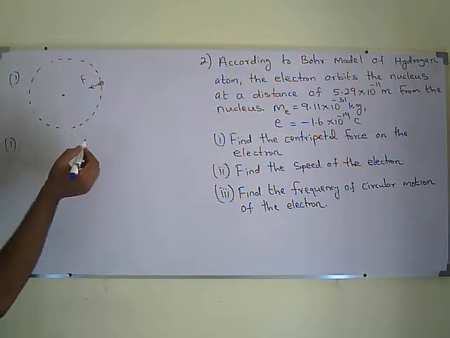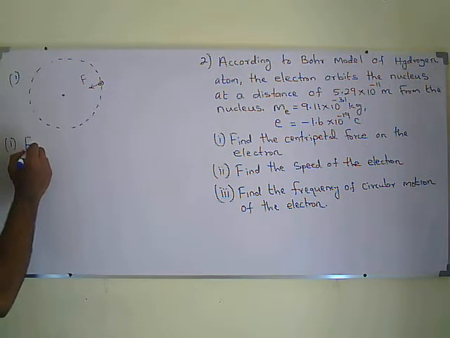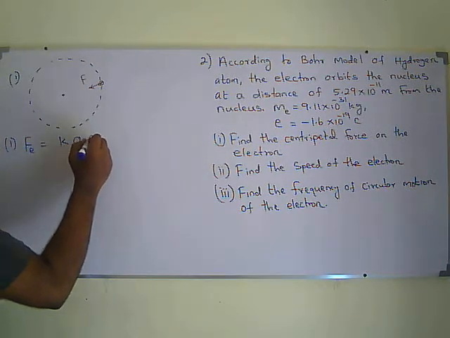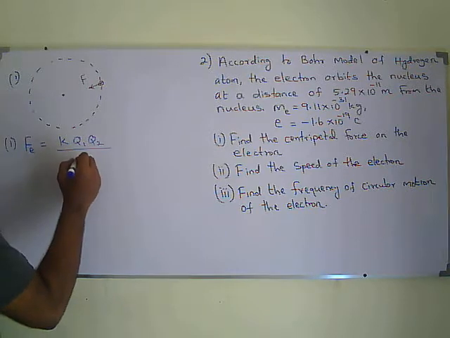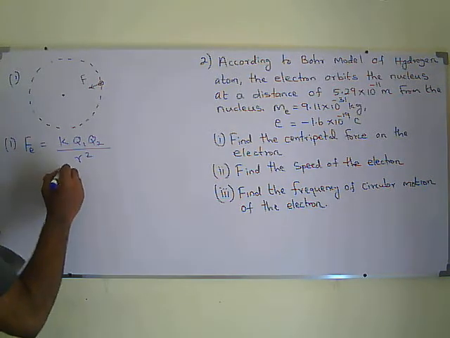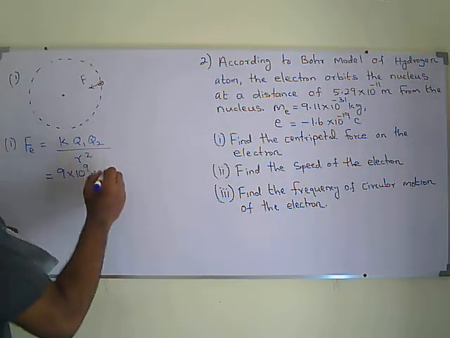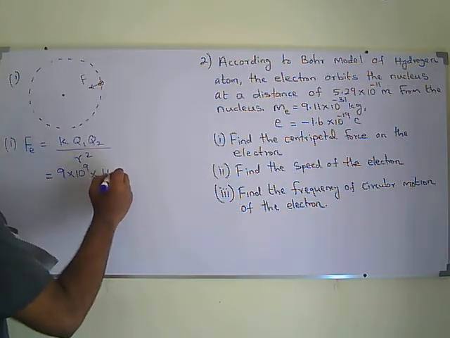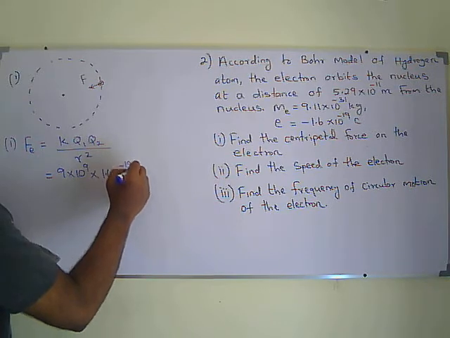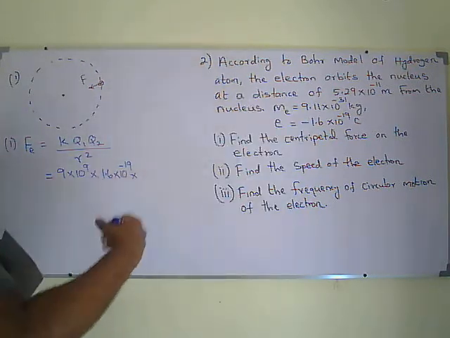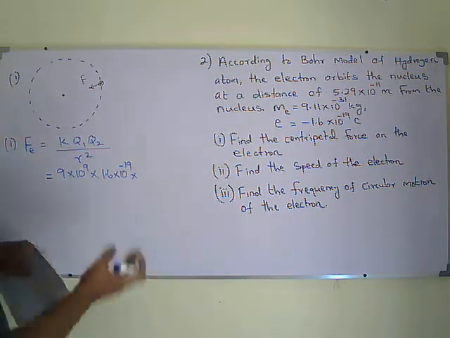I'll denote it by Fe because it's an electrostatic force, which is equal to kQ1Q2 over r squared. So that is 9 × 10^9 × Q1, the charge of the nucleus, 1.6 × 10^-19. The charge of the electron is negative, but we don't use the negative sign because I'm not using vector signs here.